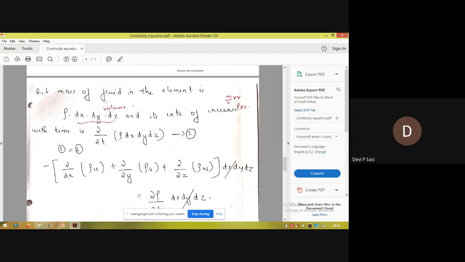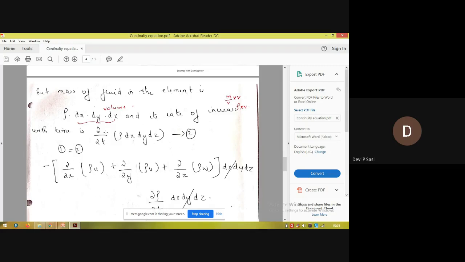Rho is mass by volume, so mass by volume into dx dy dz, which is also a volume. Volume and volume get cancelled, so the remaining term is mass only.